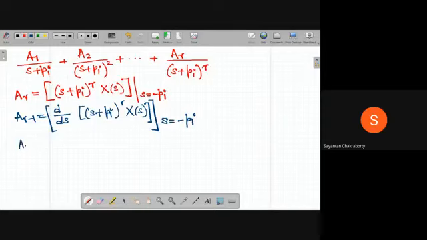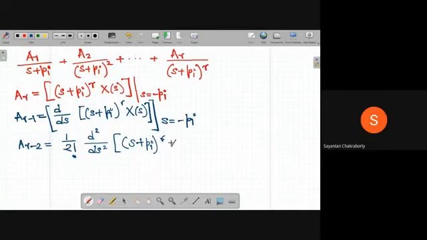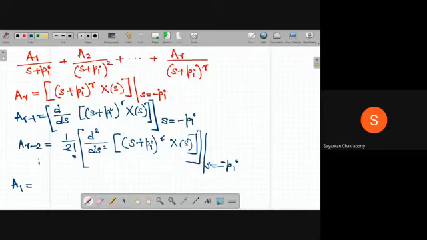So ar minus 2 will obviously be in standard form 1 by 2 factorial times the second derivative, and this entire second derivative must then be evaluated at s equal to minus pi. So what will be the final expression for a1 in this pattern?